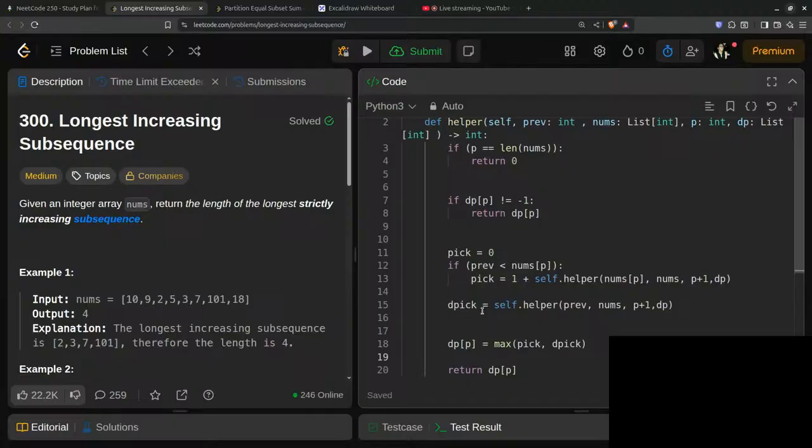Will require me to pass, will increase the memory complexity by like 3 times. I think this might work, but I'm not sure about it. So let's say this is LIS, this is DP. How do you enter?